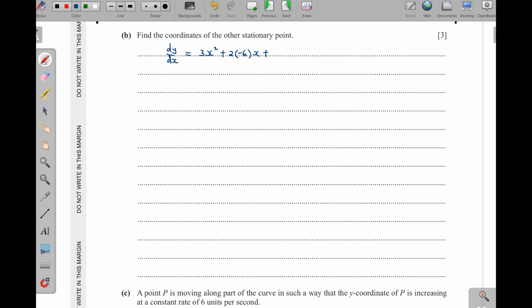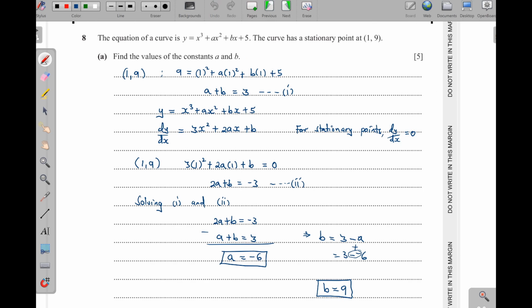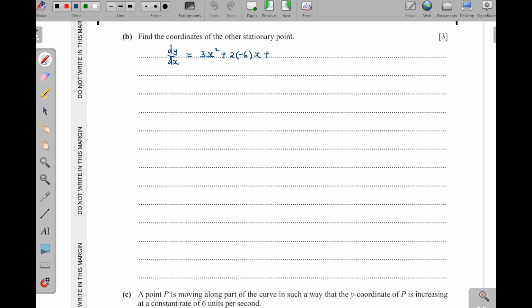So plus b, it is 9. Okay, so we shall get this 3x squared minus 12x, then plus 9. We shall equate it to 0.